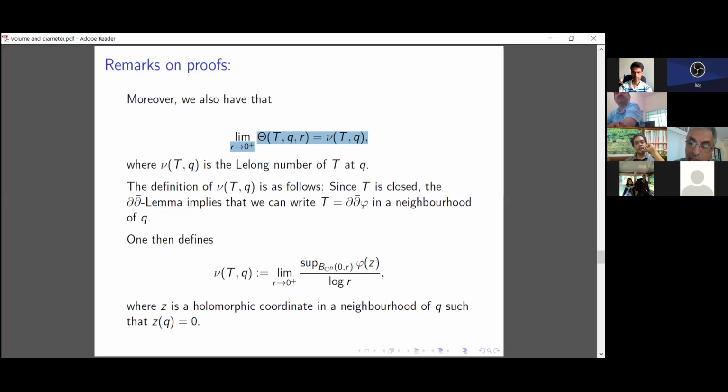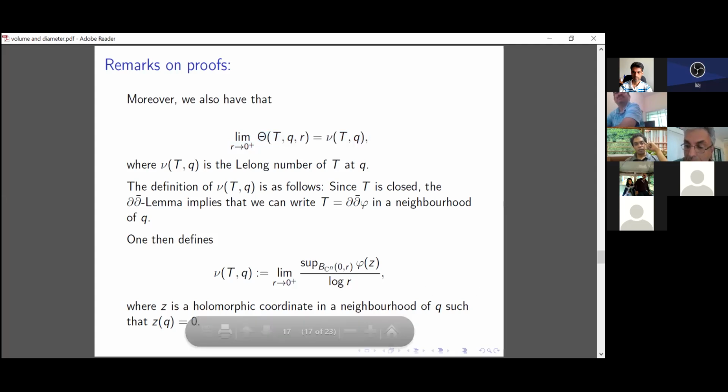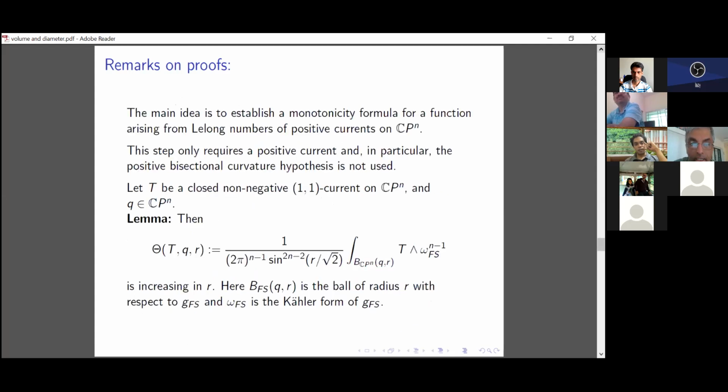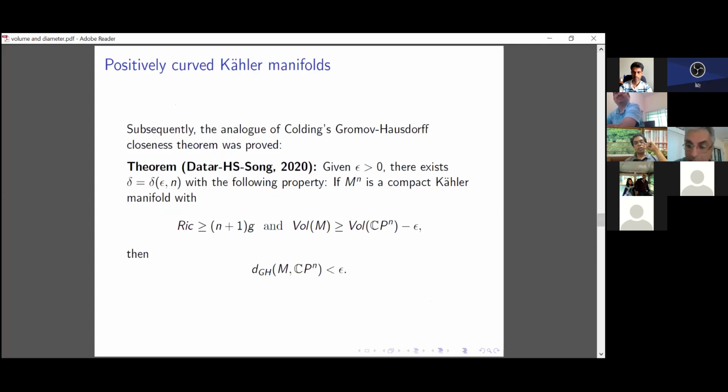Right. So I think Shubhajit is asking about the result with Jian. Oh, that. Yeah. What is the question? Could you comment on the proof there? The proof there is, as usual in these things, one assumes that the result fails and then takes a limit and tries to get a contradiction. That is the gist of it.